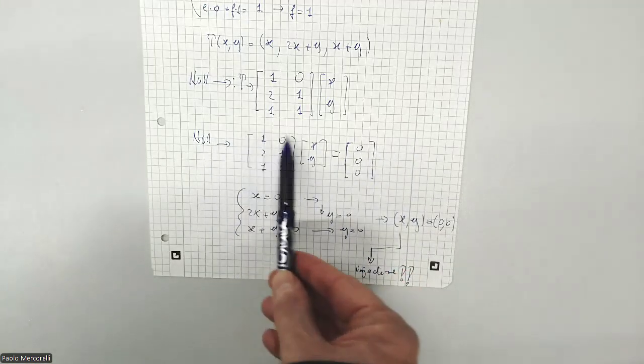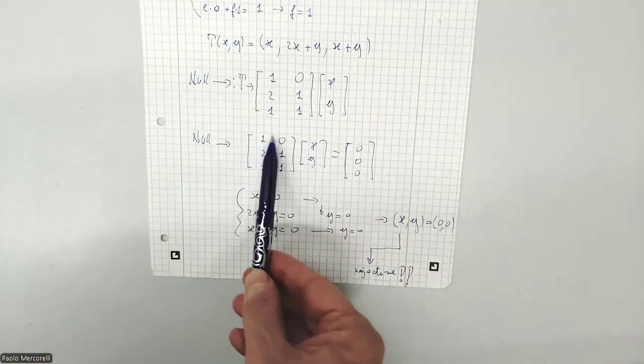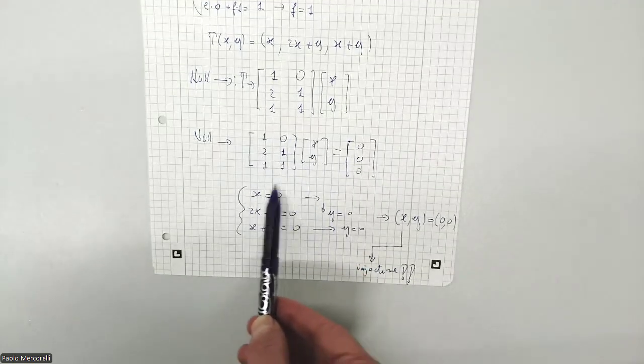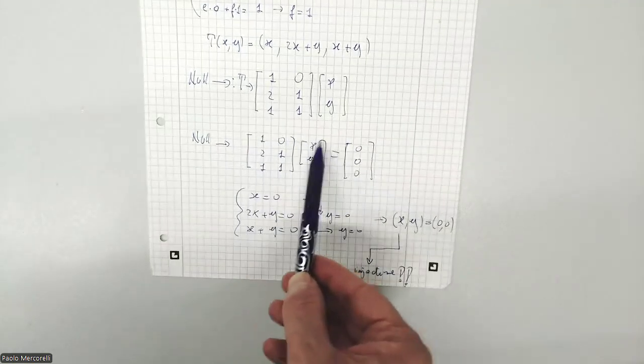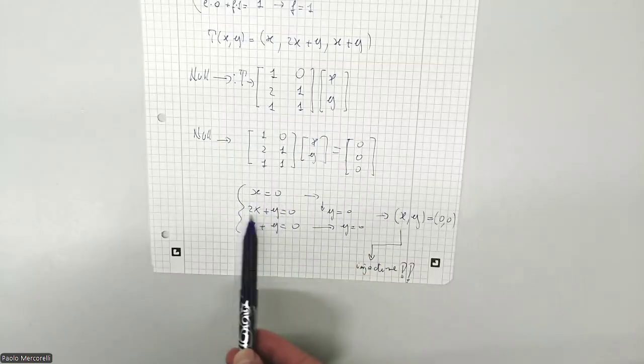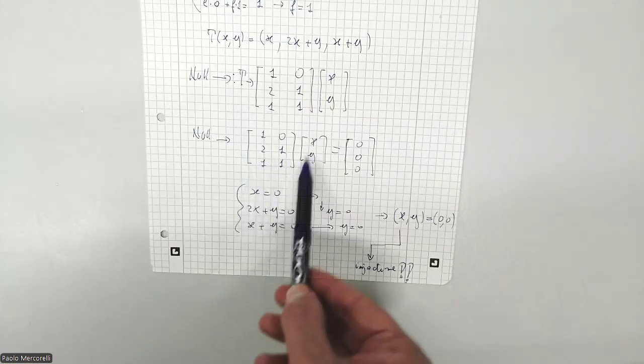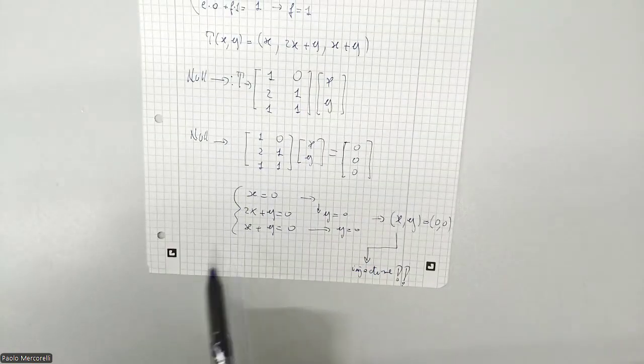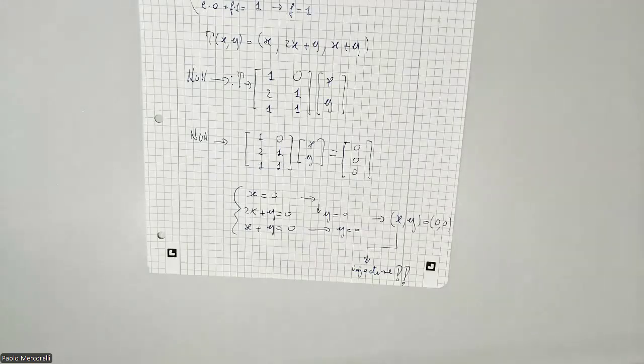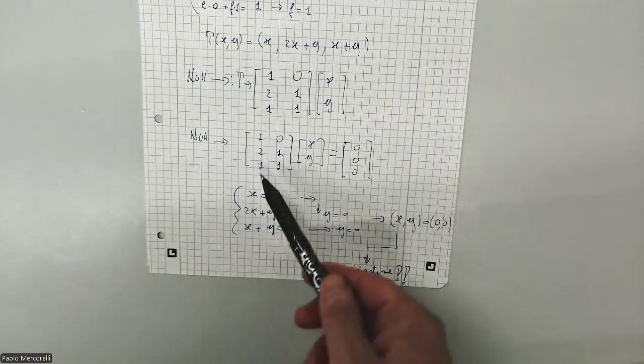If you remember, row multiply column means X plus 0·Y equals 0. This means X equals 0. 2X plus Y equals 0, which is written here, and X plus Y equals 0, doing row multiply column. This means in the system structure, it must be solved.